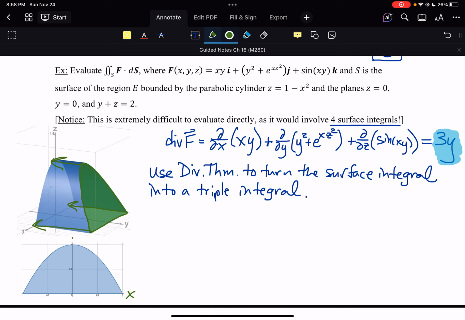So this is X and that's Z. So we're going to go ahead and project onto the XZ plane. And for anybody who's trying to keep track of terminology, this is type 3, if you're looking for that type of region.